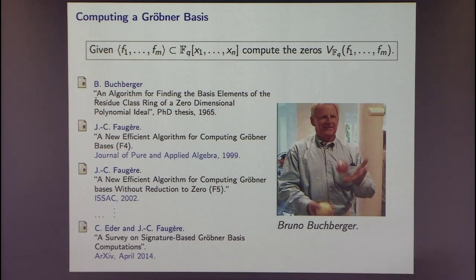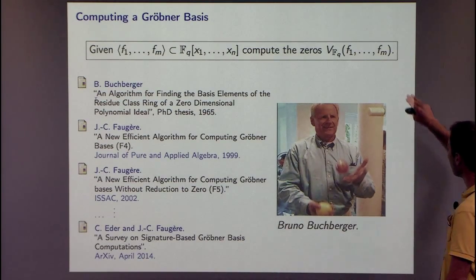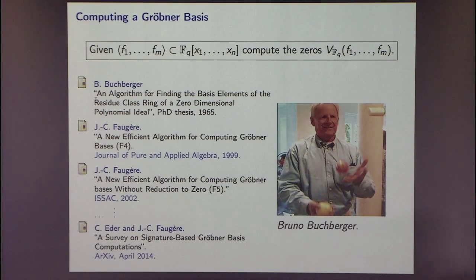So you have a system of nonlinear polynomial equations, and your goal is to find the variety associated to this. So you want to find the common zeros of the polynomial equations.